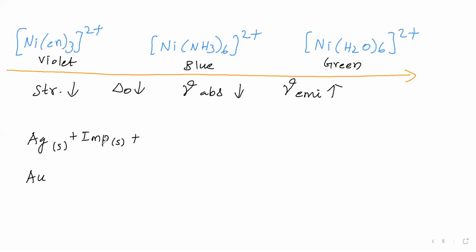To this we will add sodium cyanide solution. Then we will pass air. Silver becomes a complex and goes to the solution. Impurities remain as solid.